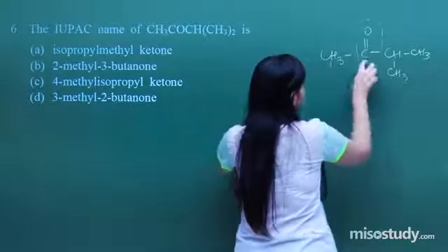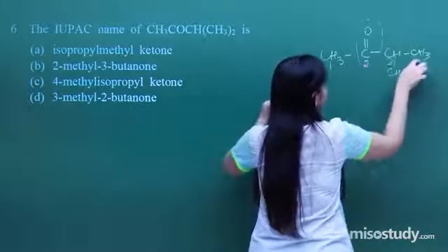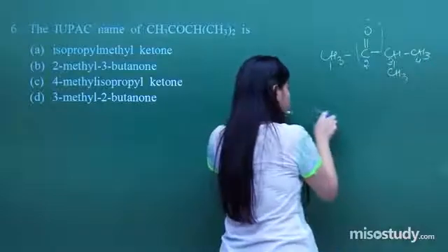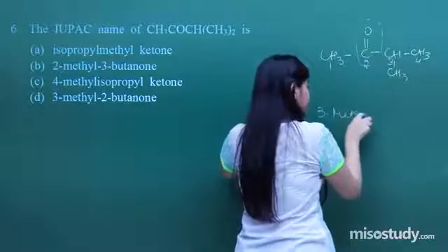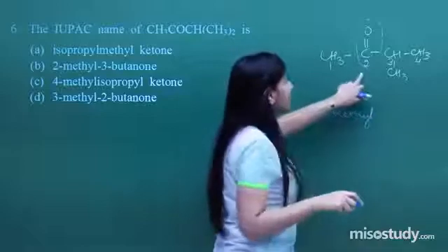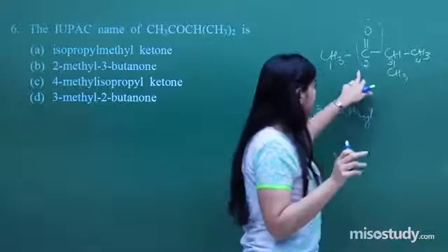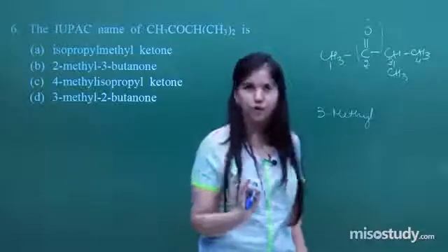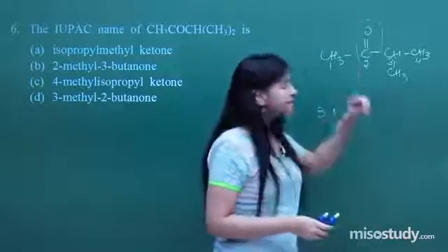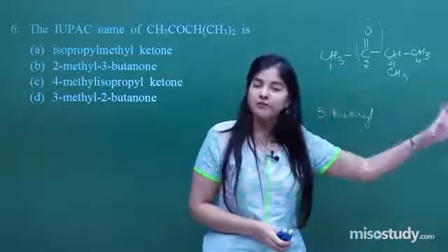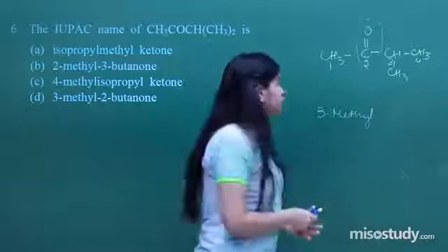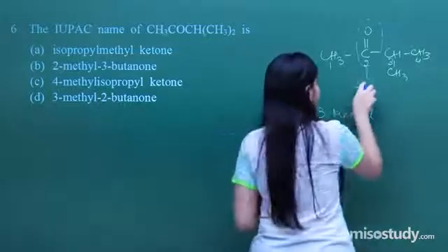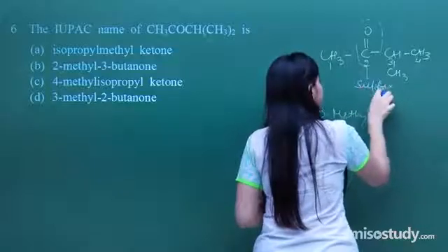So it will be 1, 2, 3 and 4. So the answer would be 3-methyl. Just mind it, over here I am not mentioning this 2 as my substituent. I won't be mentioning 2-keto, but I'll be mentioning this in the suffix part, not as a substituent.